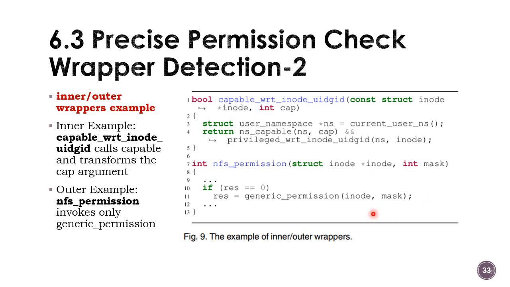So this is higher level, and the previous one using CAP is lower level. So here we clearly divide them into two. capable_wrt_inode_uidgid is the inner wrapper example, and the outer wrapper example is nfs_permission, which is this one.